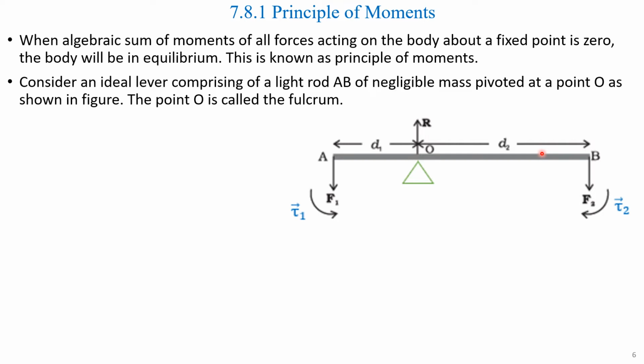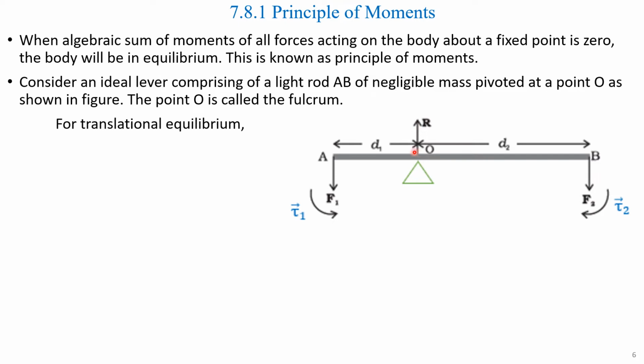The lever is a system in mechanical equilibrium. Let R be the reaction of the support at the fulcrum. So R is the reaction which is acting vertically upward, that is, opposite to F1 and F2.